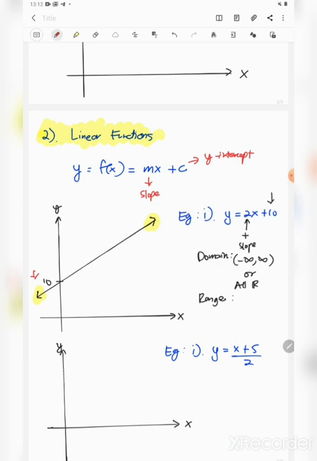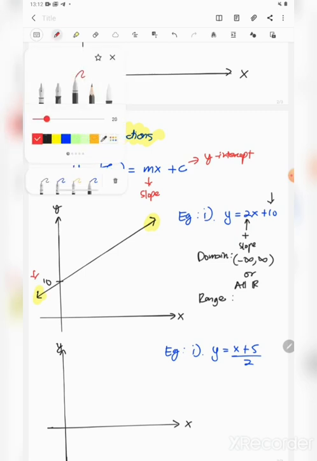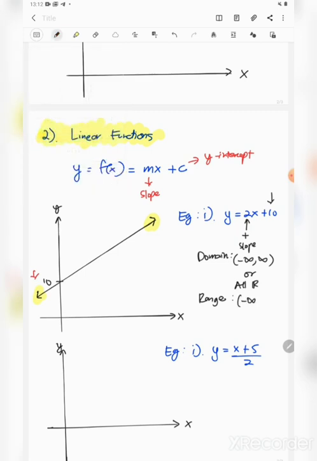The graph always goes to the left side and goes to the bottom, so the graph always goes down, which means the range goes to negative infinity. Now on the right side, the graph goes to the right all the time, and at the same time the graph also goes up all the time.